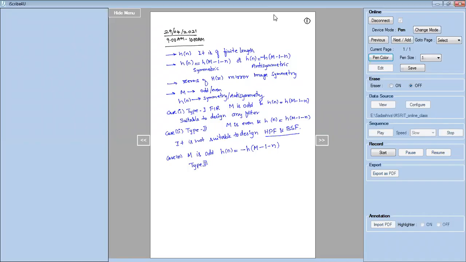This type 3 is suitable to design only bandpass filter. Okay, it is suitable to design only bandpass filter.